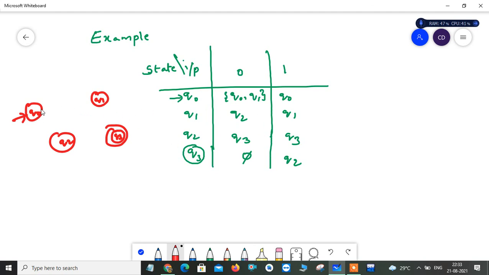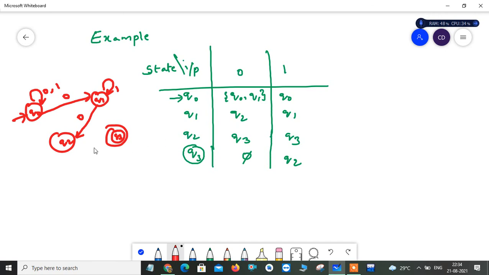From Q0, if I take 0 as an input, I can stay in the same state and I can also move to state Q1. From Q0, if I take 1 as my input, I'll be in the same state. From Q1, by taking input 0, I can move to Q2. From Q1, if I take 1 as an input, I'll be in the same state.